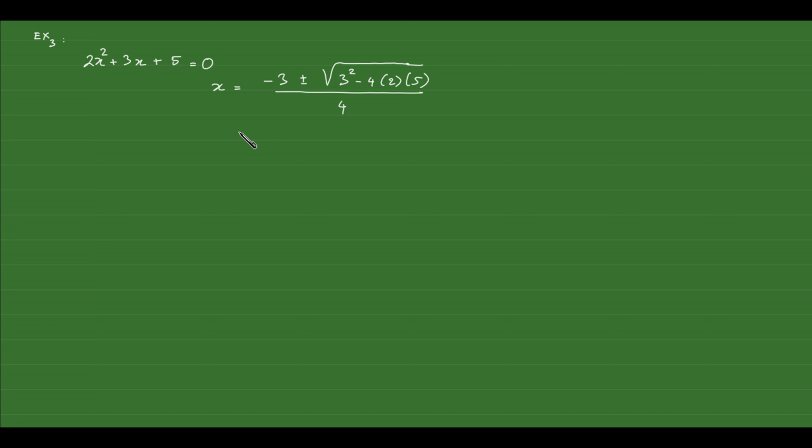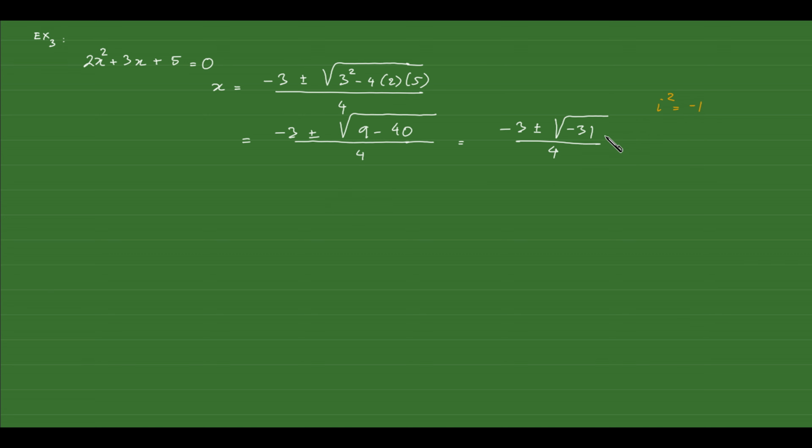So you have minus 3 plus or minus the square root of 9 minus 40, over 4. Now, if you calculate the value under the radical, you will see that you have a negative number: negative 31 over 4. And because of the negative 1 right here, the negative sign, we have to use the i number.